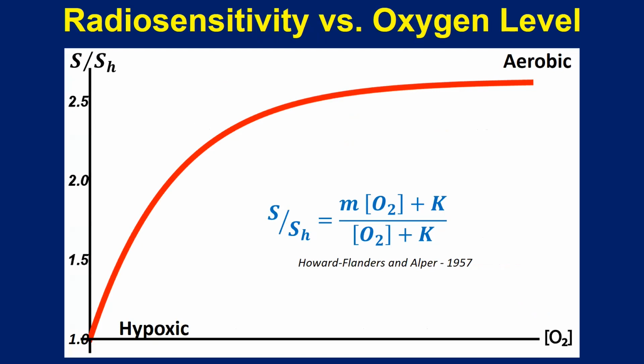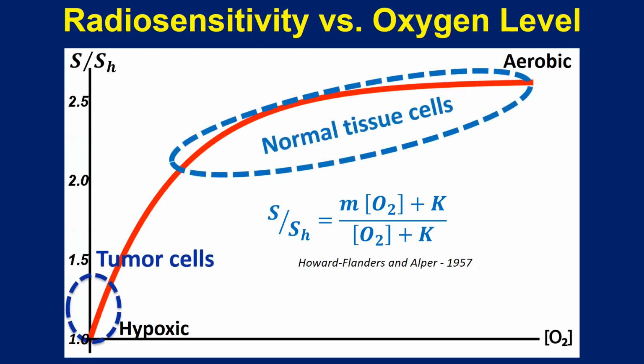In general, in vivo tumor cells are in hypoxic condition, and the normal tissue cells are much better oxygenated. This provides a good explanation for why flash RT affects normal tissues much more than tumors.